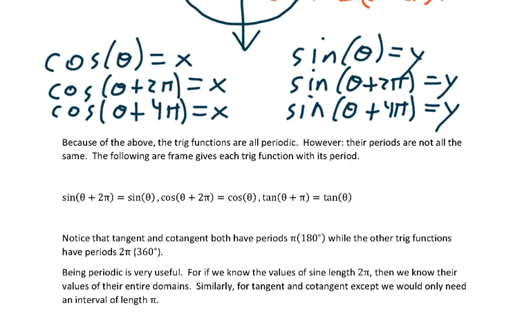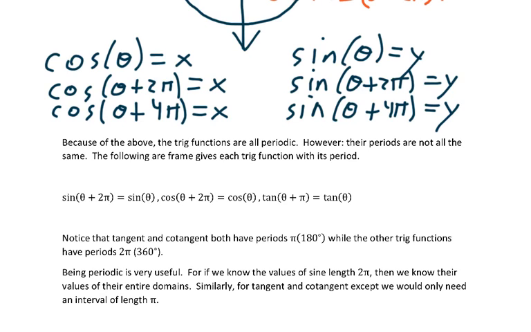Well, what's nice is that if we want to really understand sine and cosine, it's really enough to work on an interval of length 2 pi. Because it's periodic with period 2 pi, instead of looking at the entire domain, we can learn everything about sine and cosine by just focusing on the interval from 0 to 2 pi, or really any interval of length 2 pi.